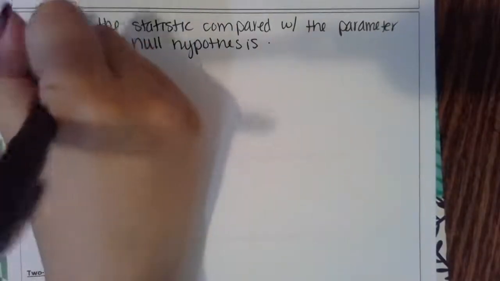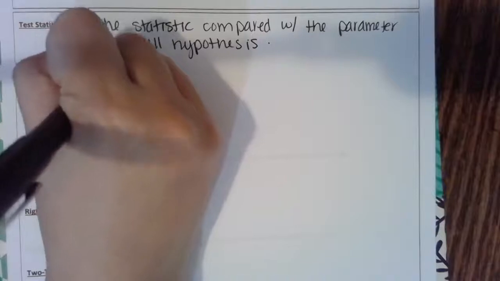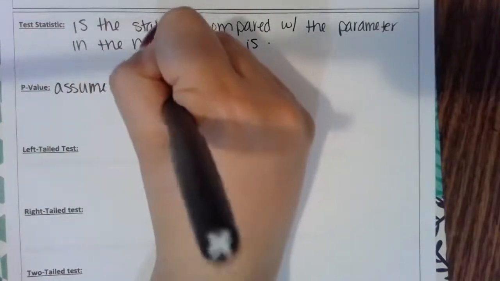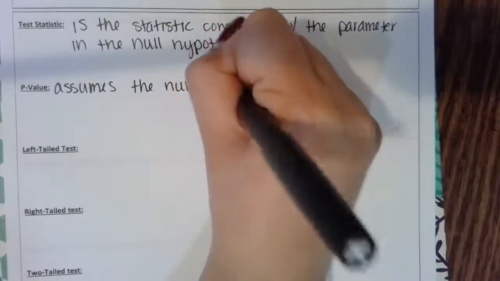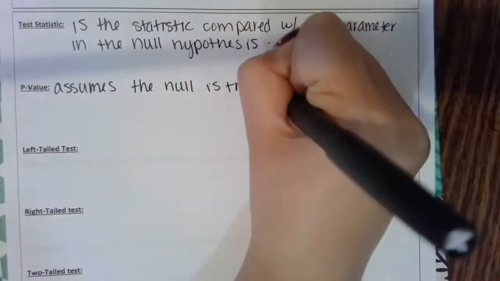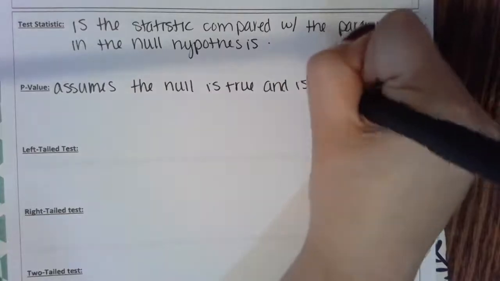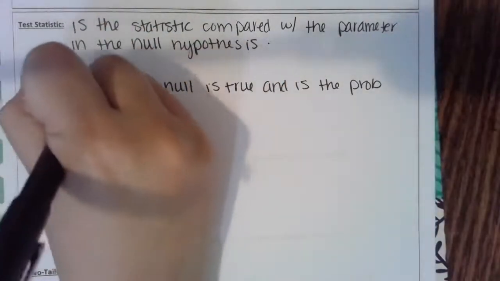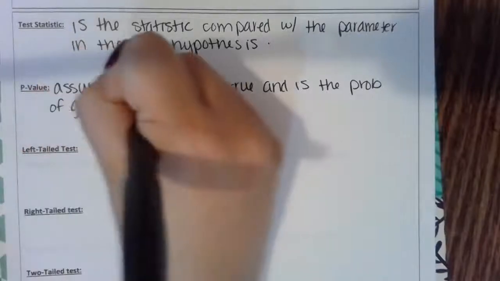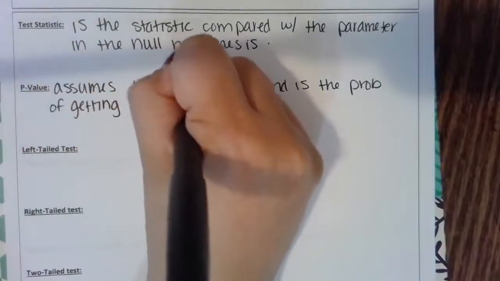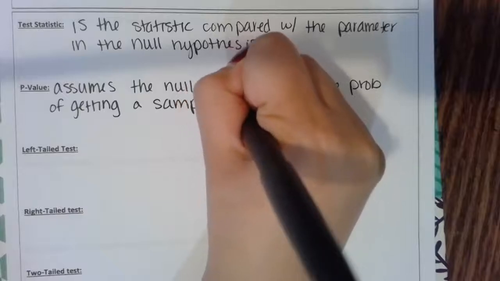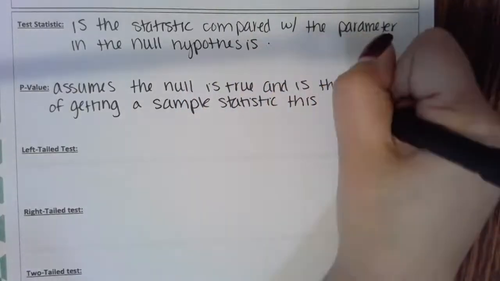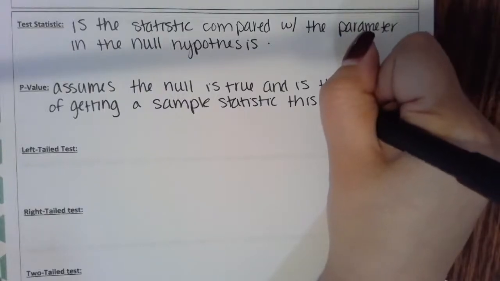Your p-value. Your p-value will always assume the null is true, and is the probability of getting a sample statistic this extreme or more extreme if the null is true.